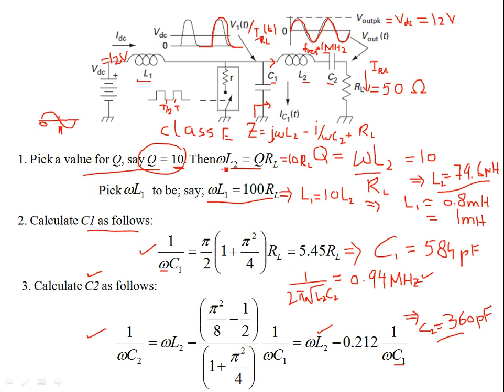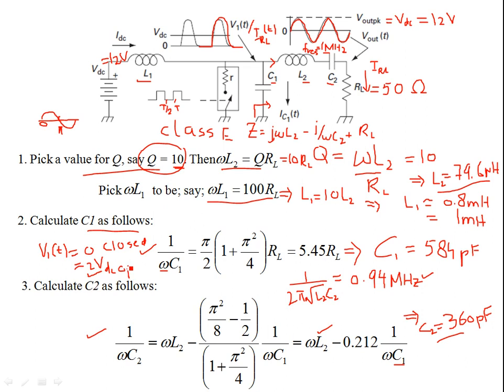Then the frequency can be selected from this combination of L2, C2, but since we have constraints on V1, since V1 of t is 0 when the switch closes, so this is 0 when the switch is closed, otherwise it is pulsating. Based on these two conditions, this is about 2 VDC once you have an open switch.